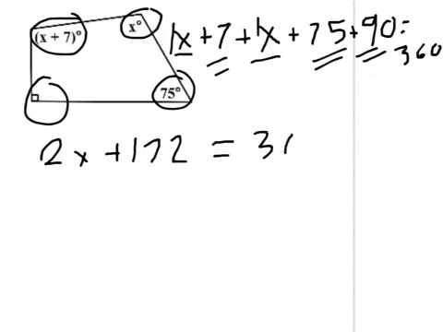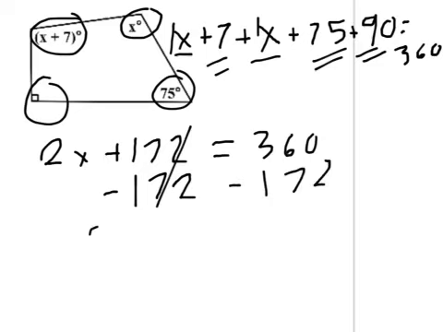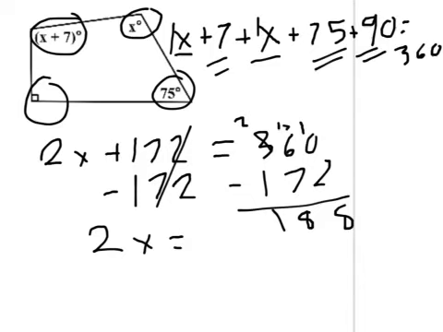This equals 360. So first thing I do is subtract 172 from both sides. 2x equals 188. Is that what you guys got? Then we divide by 2.